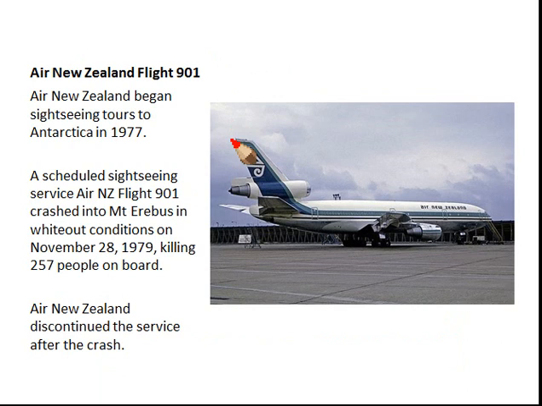So I'm expanding my science lesson into a history lesson now, and I'd like to tell you about a tragic incident that took place in Antarctica in 1977. Air New Zealand had been flying tourists to Antarctica, a sightseeing tour, and in 77 the Air New Zealand flight 901 crashed into Mount Erebus.